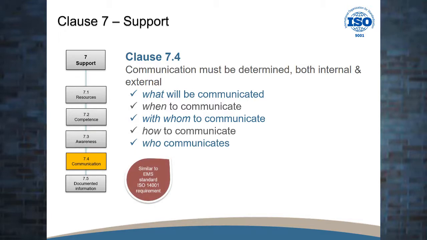So this is similar to what we've seen in ISO 14001, where they have had a requirement in that standard for a while, that you very clearly state who, what, when, where, why, how, that sort of thing, as it relates to communication both internally and especially externally. So that is something that is broadened and is new and shows better alignment between the QMS and the EMS.